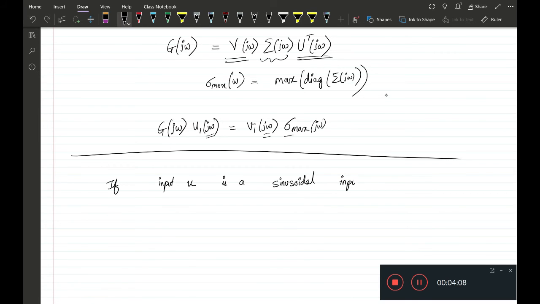If u is a sinusoidal input with unit amplitude, the output y will also be a sinusoidal signal.